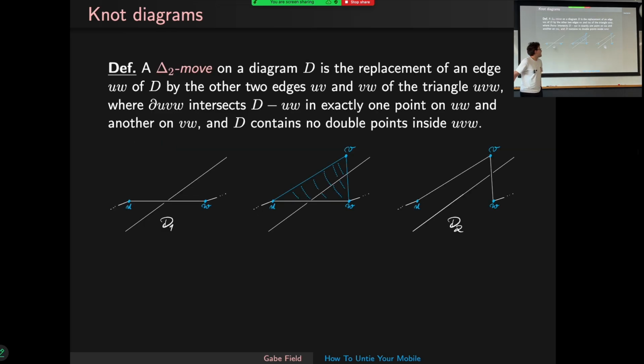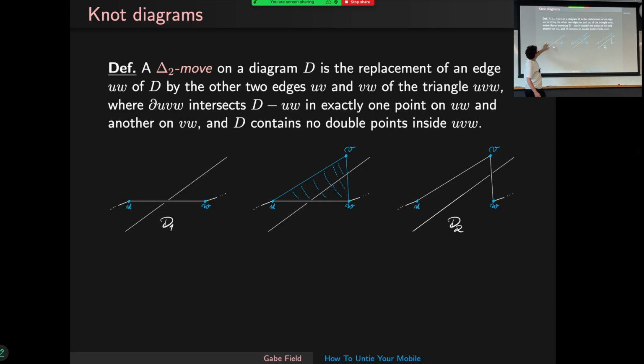What's more interesting is a delta 2 move, which, oh, yikes. A delta 2 move is what happens when I have an edge and a triangle that I'm going to be moving downstairs. And if we have a look at the triangle, it is cut by another edge of the knot, which meets UW in exactly 1 point, and it meets VW in exactly 1 point, neither of which is the corner. And we're allowed to do this replacement.